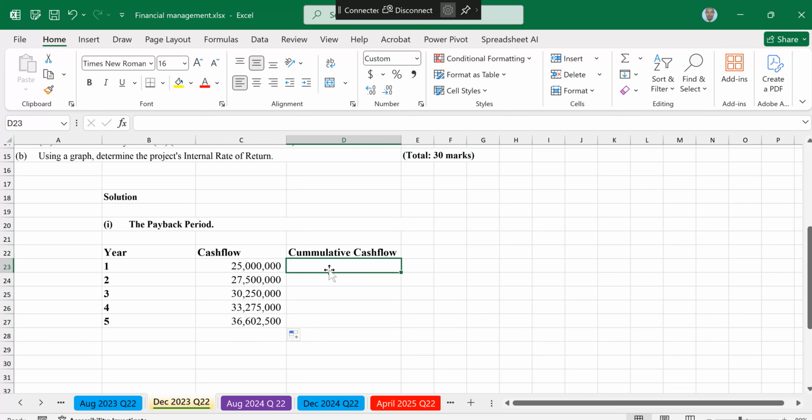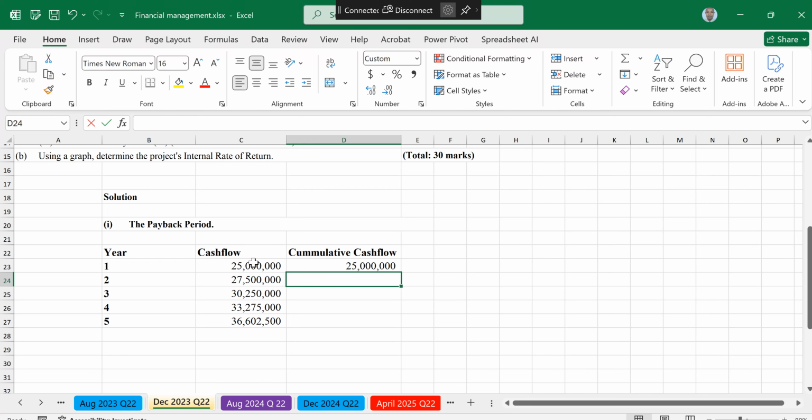Cumulative means they are adding onto each other. So cumulative cash flow will be equal sign. The first one is the same as the 25. Enter. Now the second one, how do you get the second one?